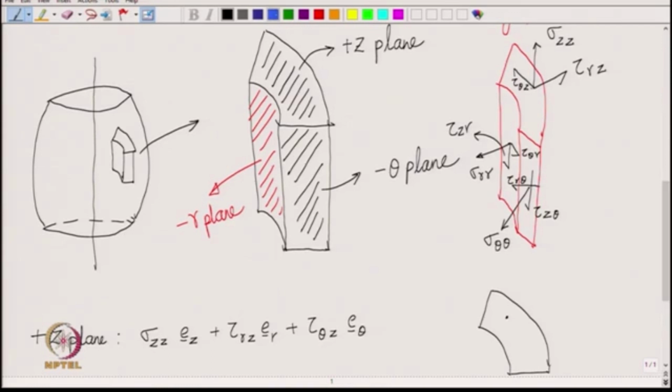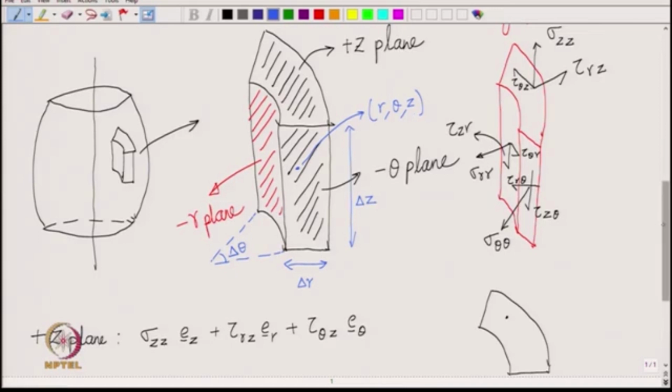So, suppose that along the z it has got delta z, along the radius it is delta r, okay, and this angle is delta theta, and the center of the element, somewhere over here within the element, has the coordinate small r, small theta and z. Okay. So, that is the center of the element.